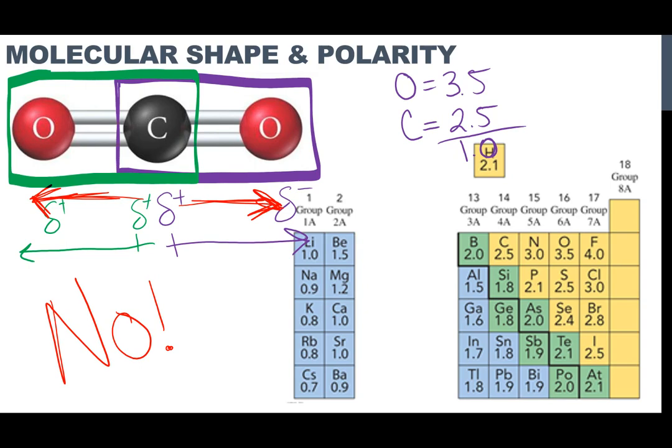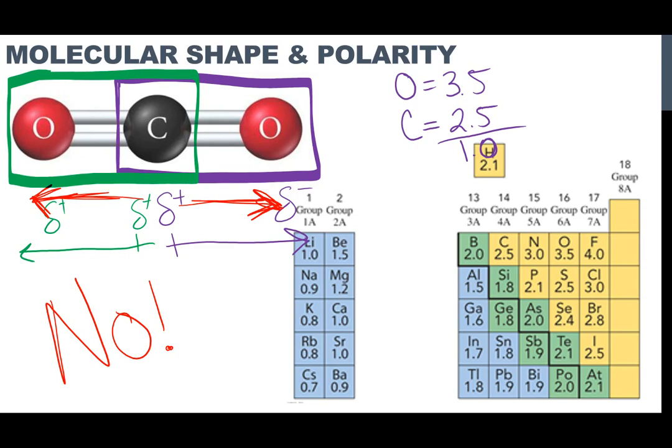Picture two people on the ends of a tug-of-war rope who are exactly the same strength. They pull and pull, but is the middle of that rope going to go anywhere? No, it's not. So these oxygens are pulling on these electrons, but they're not actually moving to one side of the molecule or the other. They're staying put right where they are.